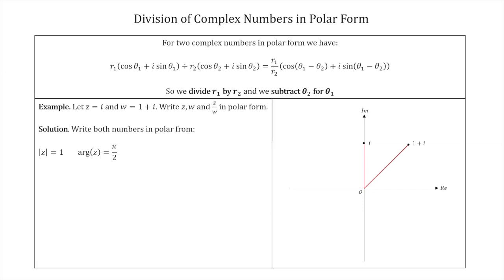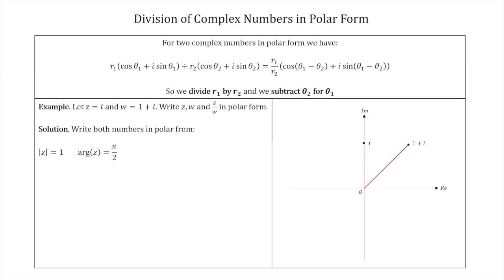You can see from the diagram the angle between the positive real axis and the red line going from the origin to i is the same as the angle between the real axis and the imaginary axis. It's just a 90-degree angle, or a right angle. So expressed in radians, that's pi over 2.